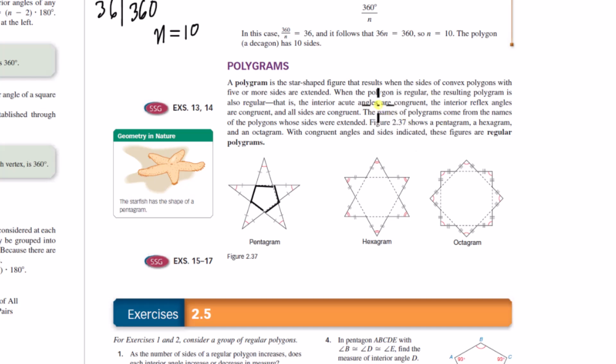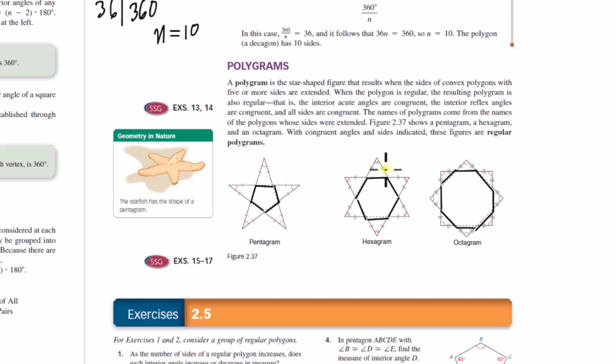Okay, and so here you've got a hexagram, 1, 2, 3, 4, 5, 6, and they extended the sides. And then this is an octagram. So 1, 2, 3, 4, 5, 6, 7, 8. But these are regular, though.